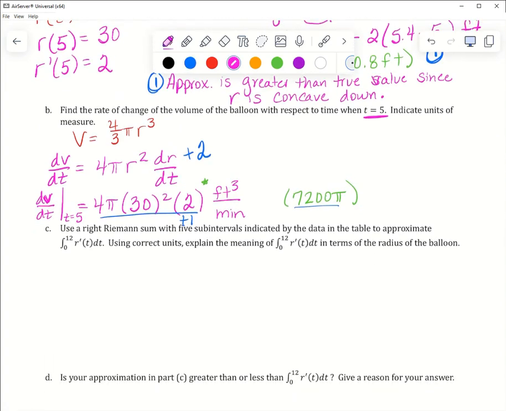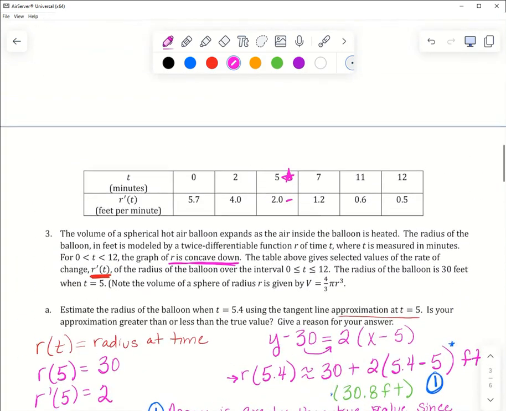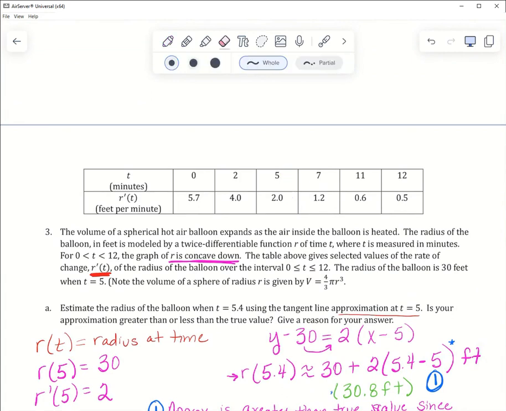Use a right Riemann sum with 5 subintervals indicated by the data in the table to approximate that integral. So notice that R prime is what is on the table. So it's saying to approximate the integral from 0 to 12 of these numbers. And it said 5 subintervals, which makes sense because if I were to draw it out, I would have 5 different rectangles there.